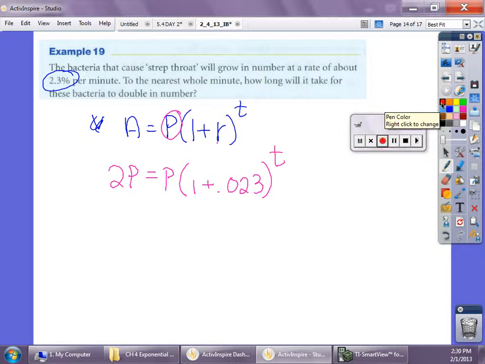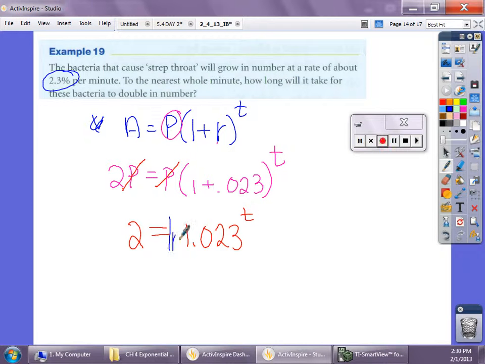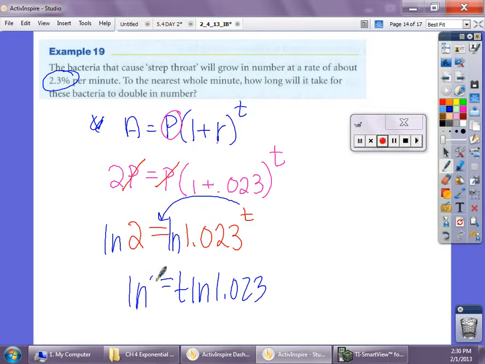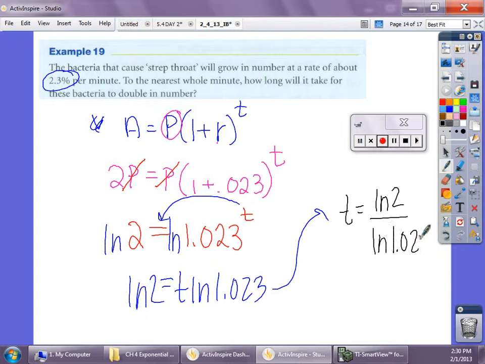What you'll notice is it actually doesn't matter. What happens is you divide by P first, so because you're doubling, the value that you set equal to is actually 2. So 1.023 to the T. The base is isolated with what it's taking, which is T, so we take the ln of both sides, that comes down. So T ln of 1.023 equals the ln of 2. Therefore, T is equal to the ln of 2 divided by the ln of 1.023.